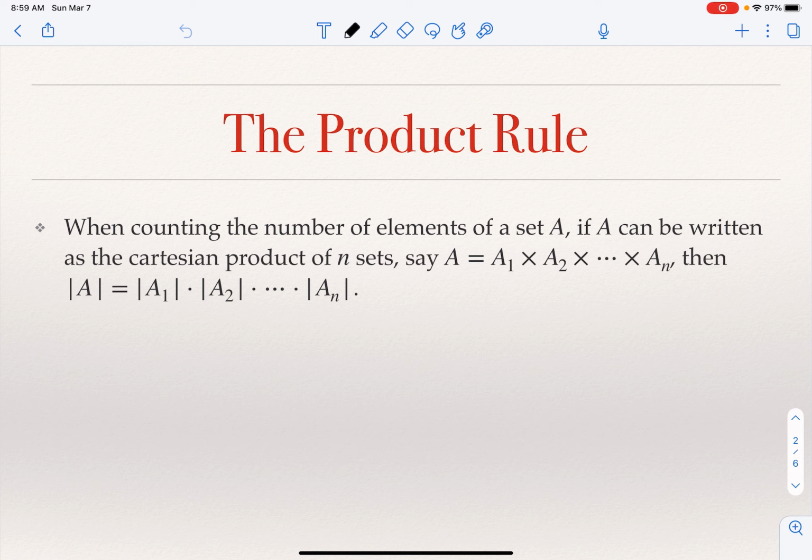But think about it: you're looking at the set A. Every element in A is a tuple of n elements, the first from A1, the second from A2, the nth from An. The number of ways you can have elements in A is the number of ways you can form such tuples, and this is the rule that we have. This rule is very simple, yet very powerful, and it appears in many counting problems.